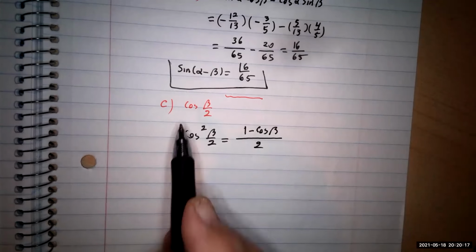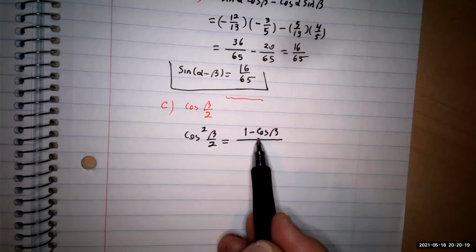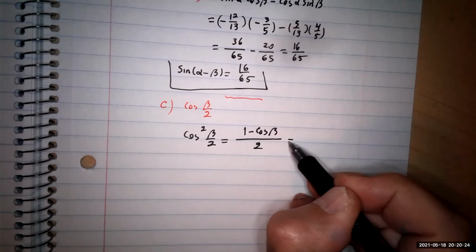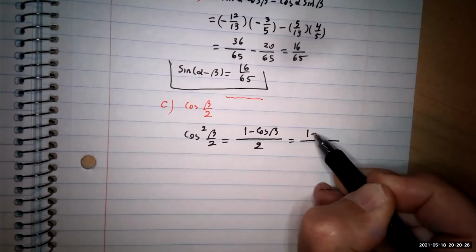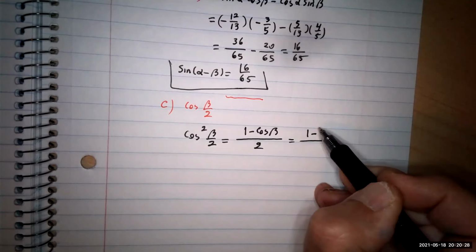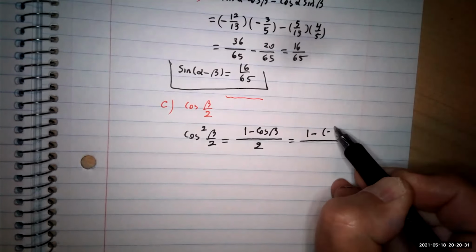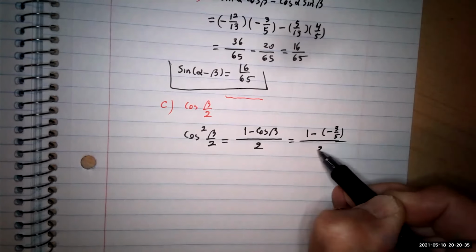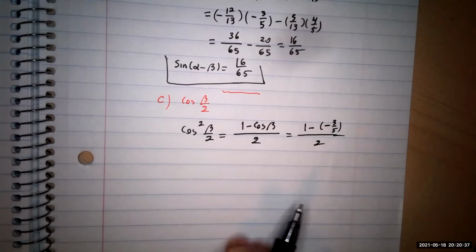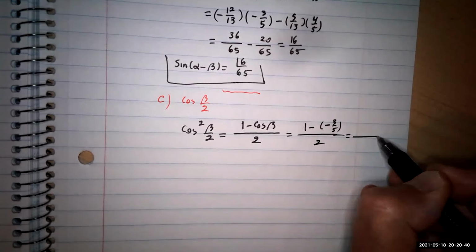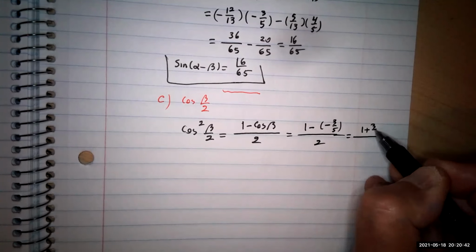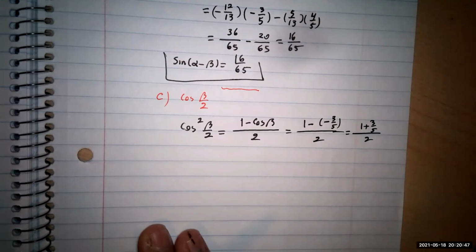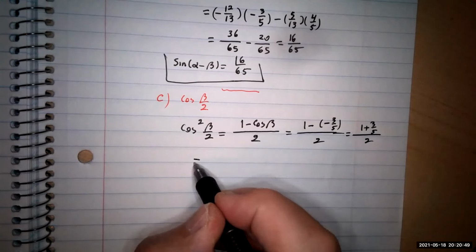If they ask for the sine, this is going to be 1 minus. Now I have the cosine of beta. This is 1 plus 3/5, since cosine of beta is negative 3/5, divided by 2. Simplify it: 1 plus 3/5 is 8/5.